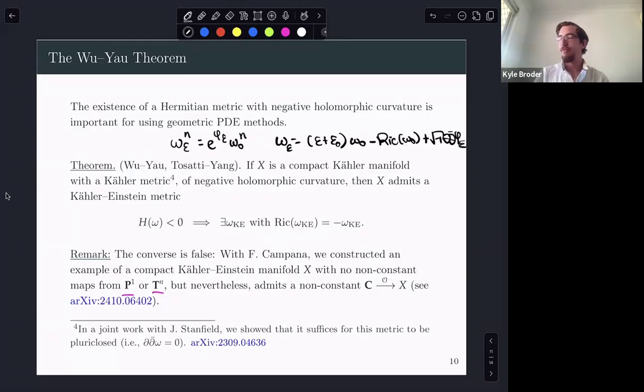And then what you want to do is let epsilon go to 0. What this ends up being is that you just need uniform estimates. The main estimate you need is typically something like the trace of omega epsilon with respect to omega hat. If you can bound that from one side, then you can usually get the other one via the Monge-Ampère equation. And you don't need any relation between omega hat and omega epsilon.